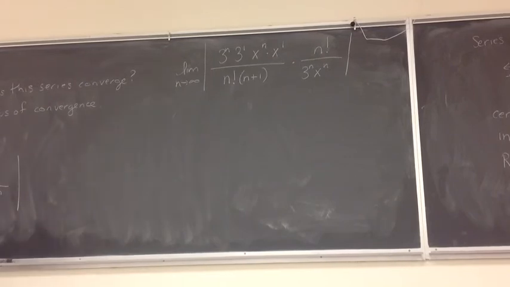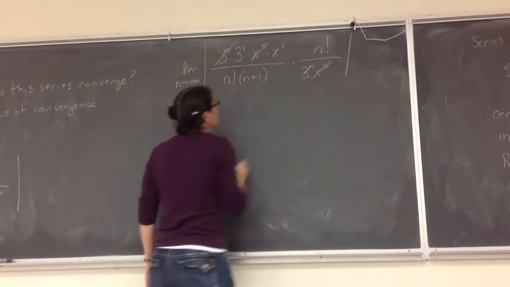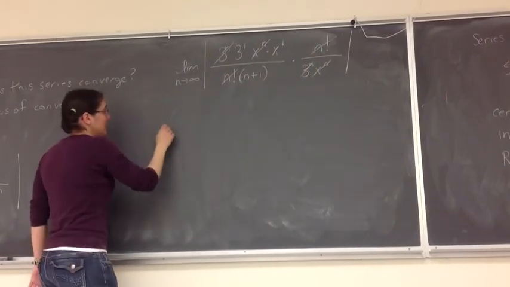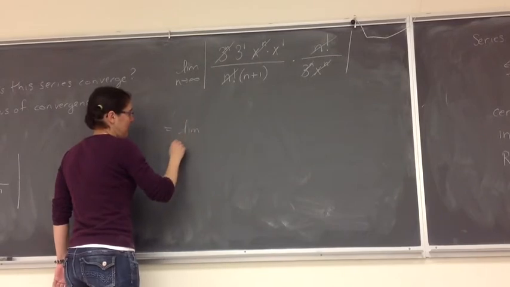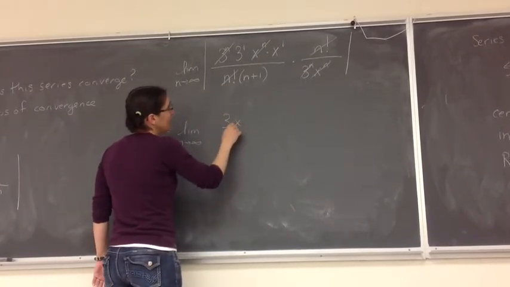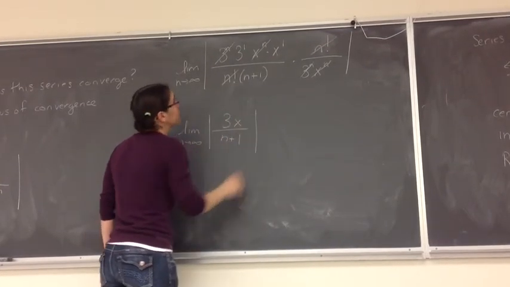Okay. So now I can start canceling. I can cancel the 3 to the n's, I can cancel the x to the n, I can cancel the n factorials, and we are left with the limit as n goes to infinity of 3x over n plus 1.